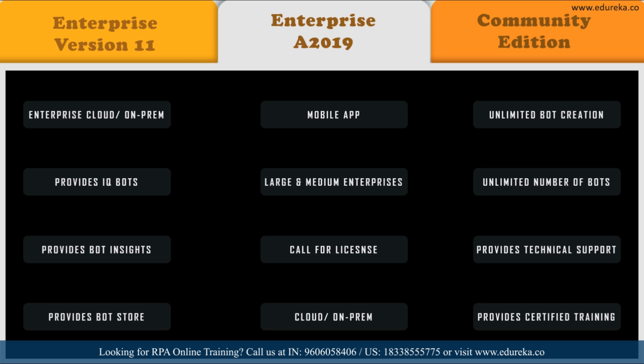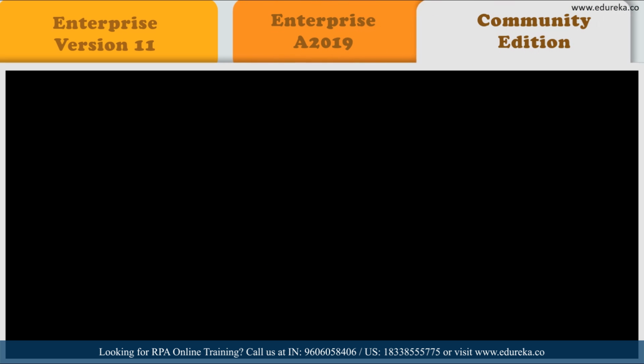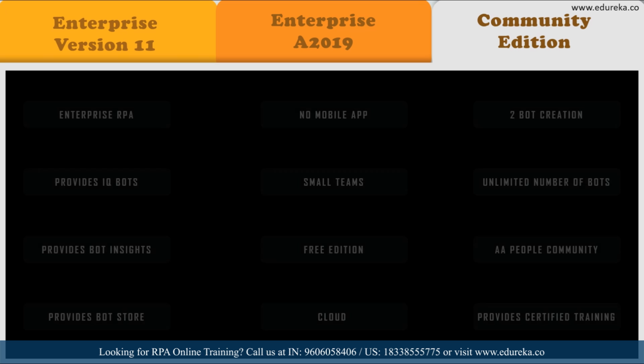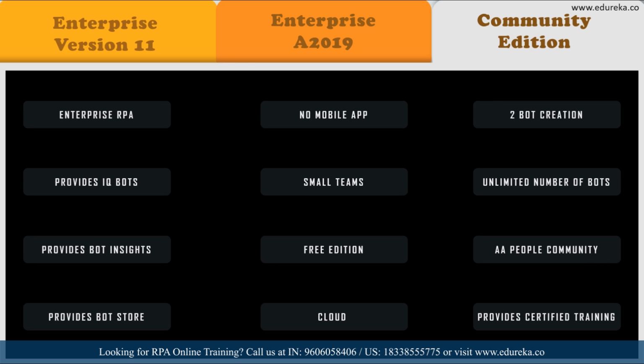Finally, coming to the last type of edition, that is the Community Edition. Well, this edition provides a free access to one of the top RPA platforms to help the developers and small businesses to automate different types of tasks. Not only this, but it also provides enterprise RPA, it provides IQ bots, it also provides bot insights and bot stores. It has no mobile app and is fit for small teams.